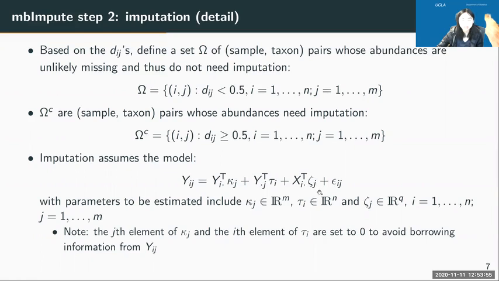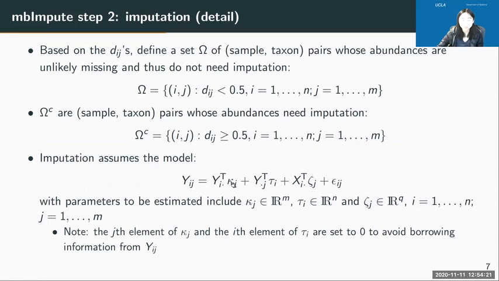What this means is that we're assuming a linear model, and here Yi dot means that, given the sample, we want to borrow information from other taxa. This one means that, given a taxon, we want to borrow information from similar samples. And this is to borrow information from sample covariates.